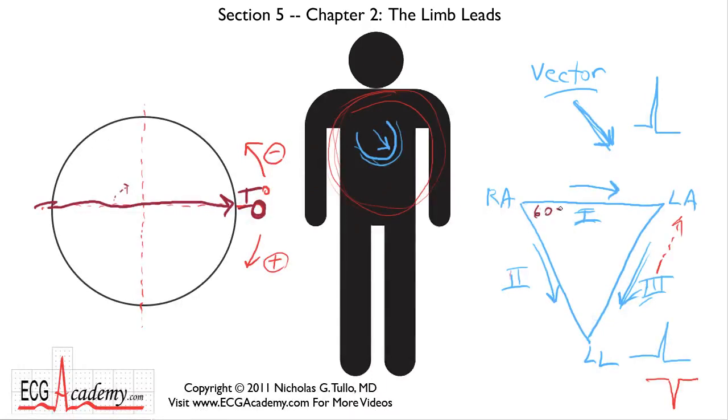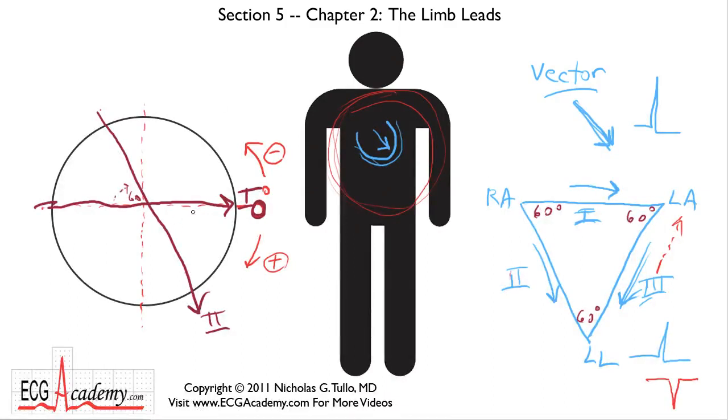Remember, there's 60 degrees in every corner of an equilateral triangle for you guys who actually passed geometry. And so lead 2 is drawn just like this, which is 60 degrees up from the horizontal, going from the right arm to the left leg.